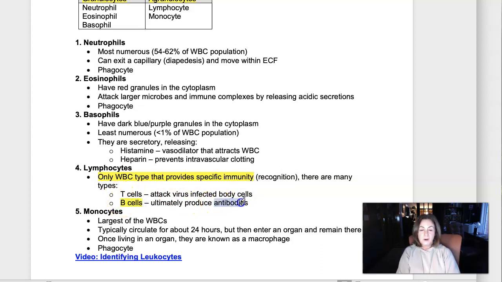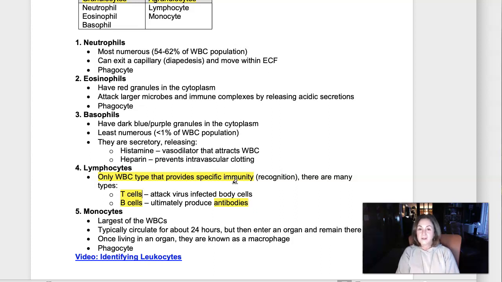B cells are the cells that ultimately produce antibodies. To have antibody production, you have to have recognition of the antigen. And that's something that the B cell, along with a whole interplay of interactions with lymphocytes, learn and produce antibodies.